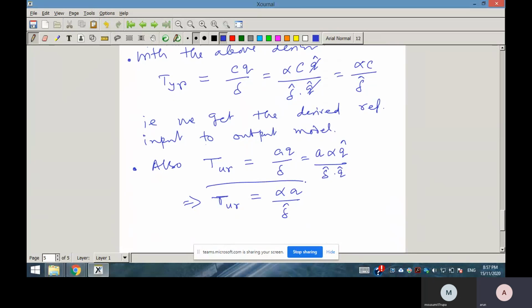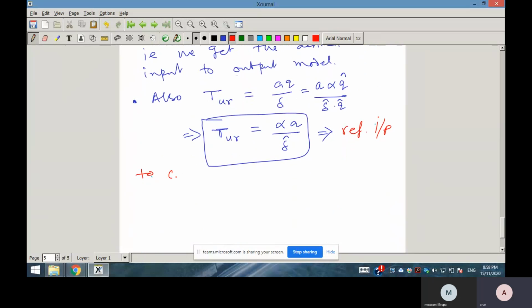So this implies the reference input to control effort characteristics is independent of the choice of Q hat.